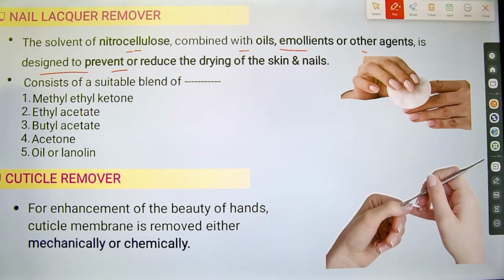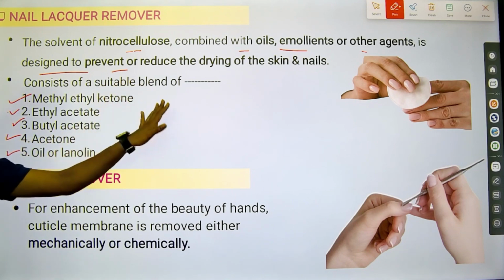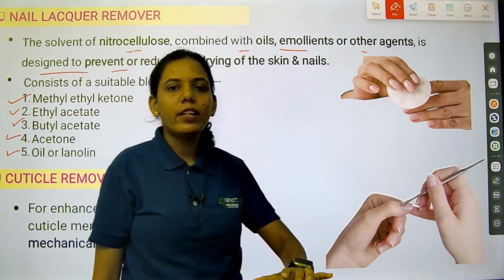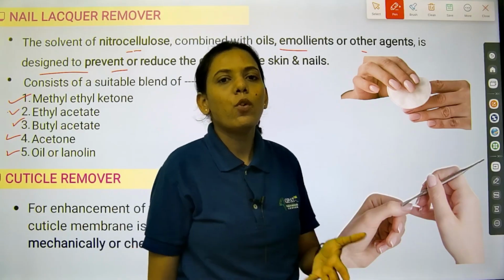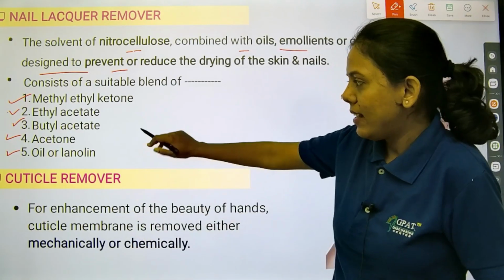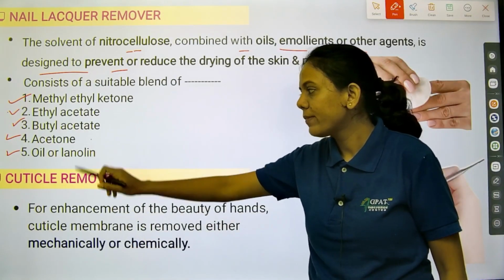It consists of a suitable blend, that is a mixture of methyl ethyl ketone, ethyl acetate, butyl acetate, acetone, oil or lanolin. Not necessarily that every time these solvents will be present, one or more solvents may be present. Okay, acetone is generally very widely used.